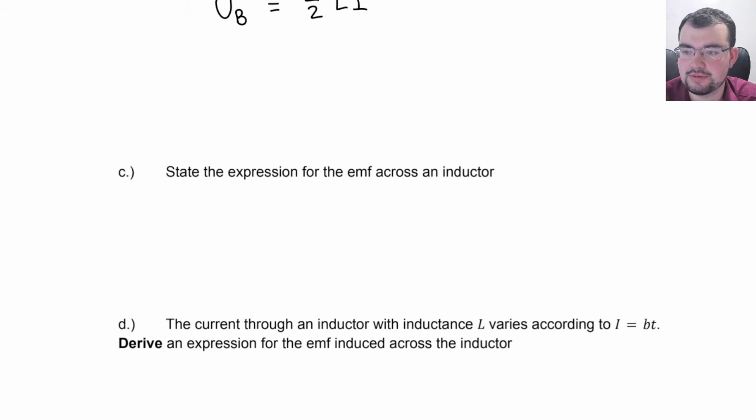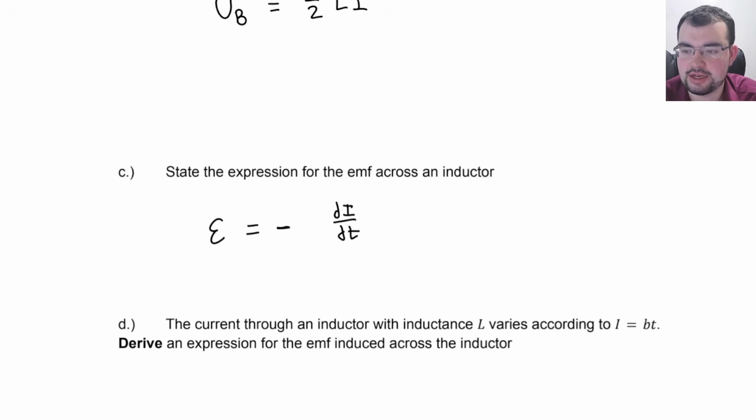What is the expression for EMF across an inductor? The definition of inductance kind of helps us here. We can define inductance by the fact that the EMF induced across an inductor has to be related to the current change, but we know that inductors oppose changes in current.